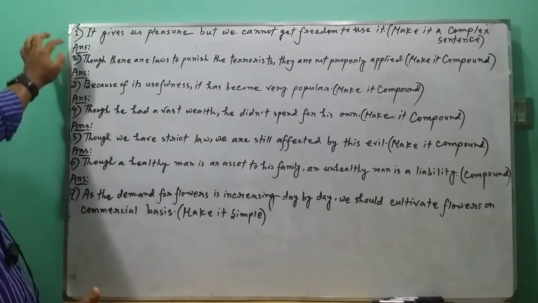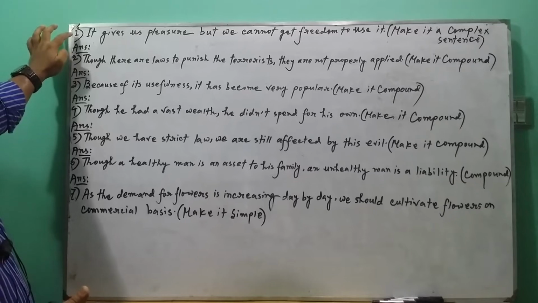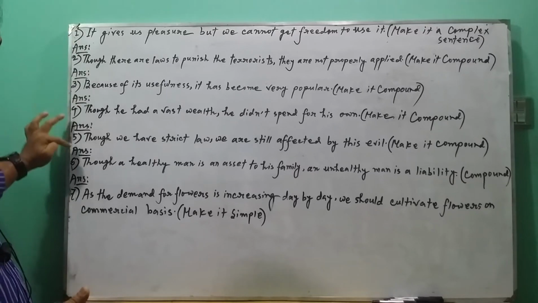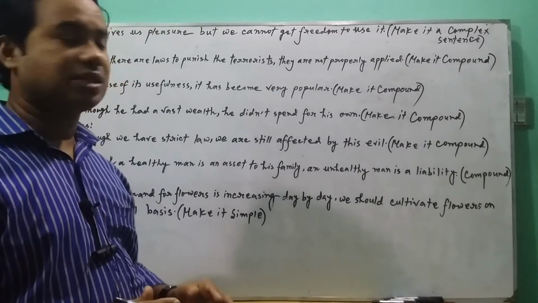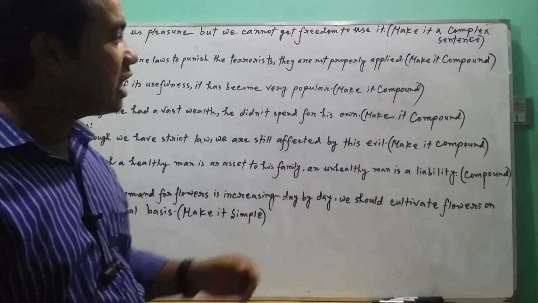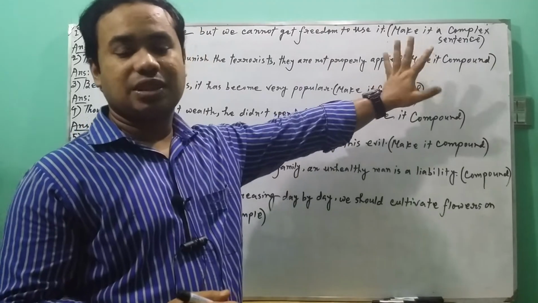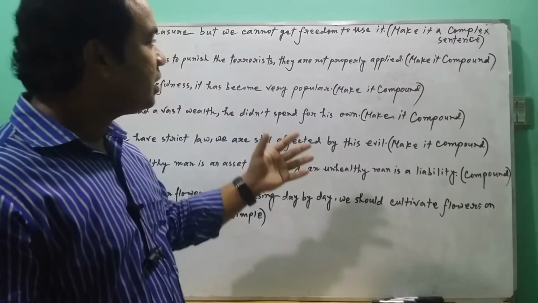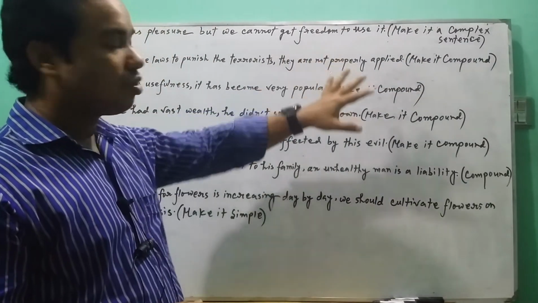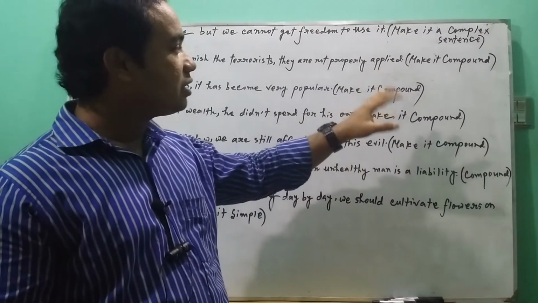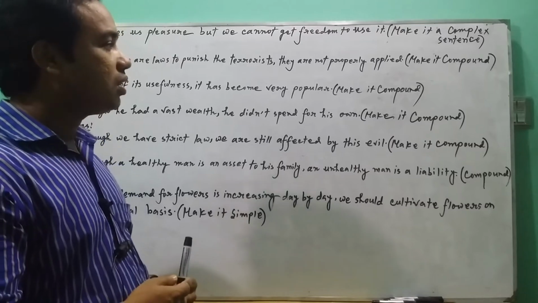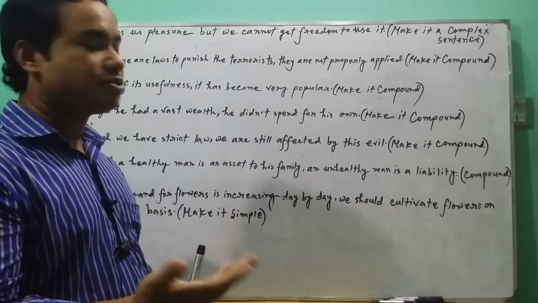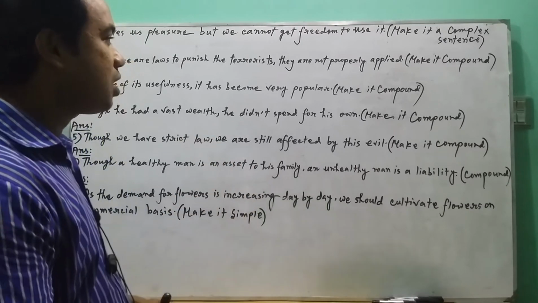We have 1, 2, 3, 4, 5, 6, 7 different types of sentences, and we are going to change them as per the direction in the brackets. At the end of each sentence, we have a direction in the brackets, and we are going to change them into different types of sentences.